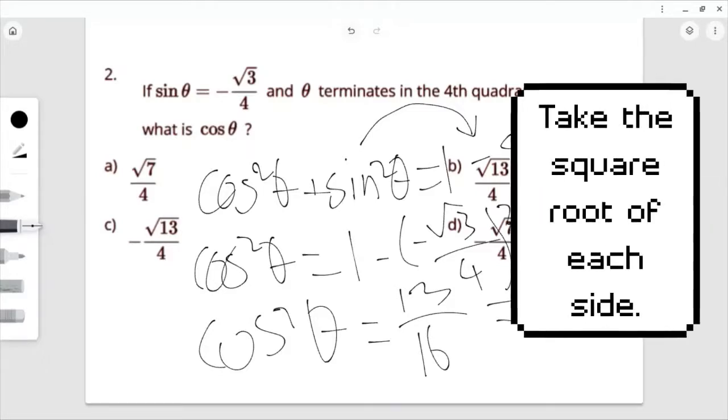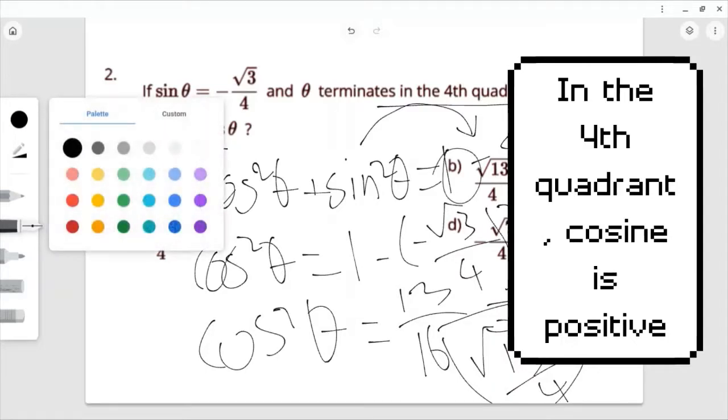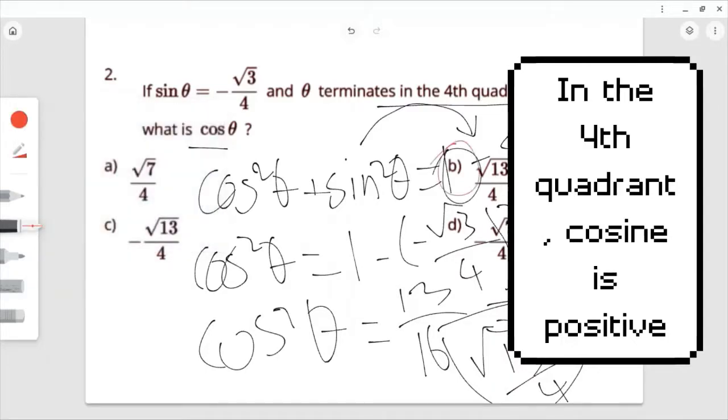So you are going to do the square root of 13 over 16 and you're going to get square root of 13 over 4. That's going to be your final answer. Cosine is in the fourth quadrant and so it's going to be positive. So your answer is going to be B.